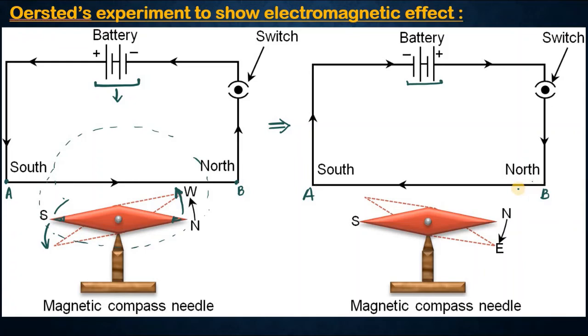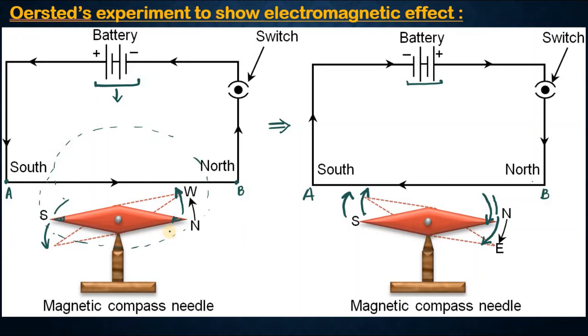In this case, the south pole is found moving towards the conductor and the north pole is found moving away from the conductor. So here the direction of deflection of the needle is opposite to that of the previous case. This is the major observation made by Oersted in his experiment.